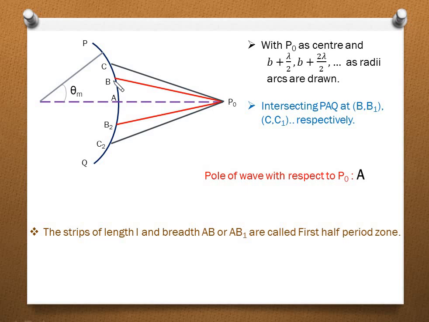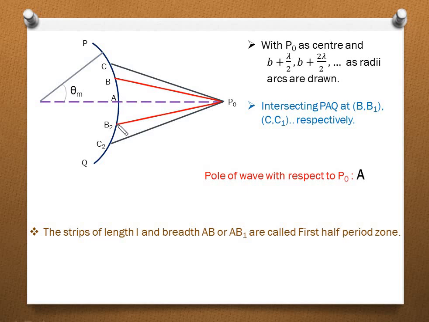If you look at the cylinder, you will see a strip of length L with a breadth from A to B, or on the downward side, from A to B1.